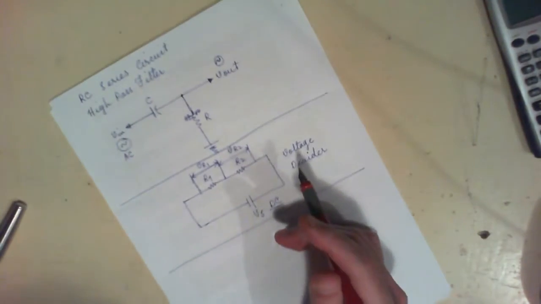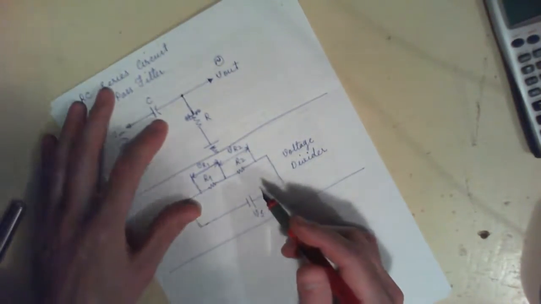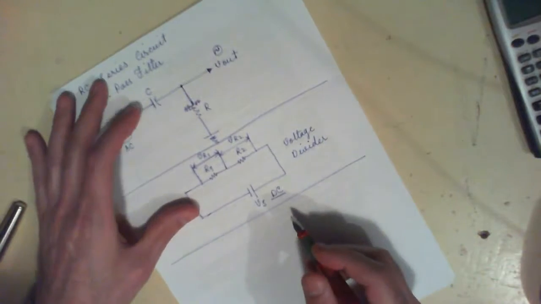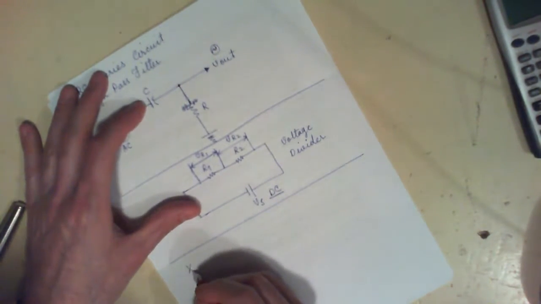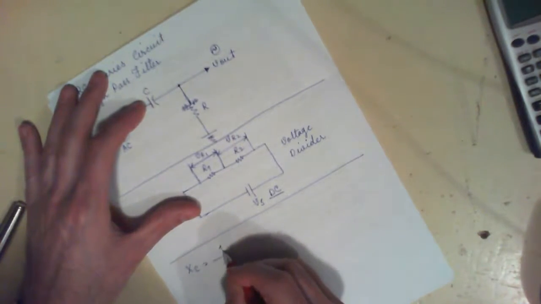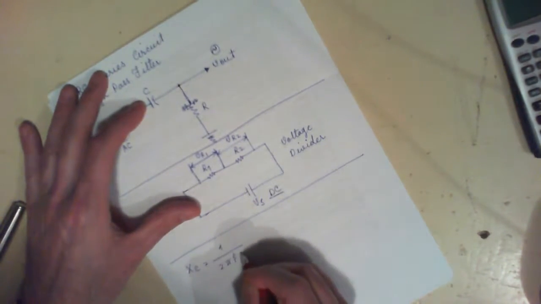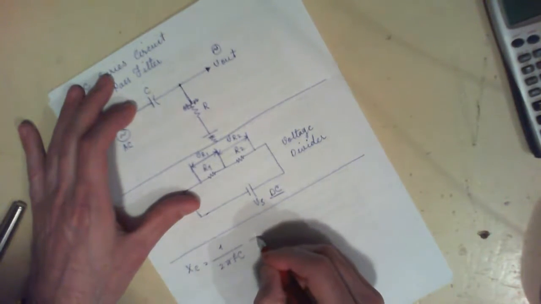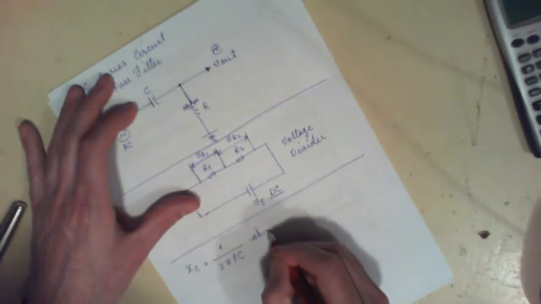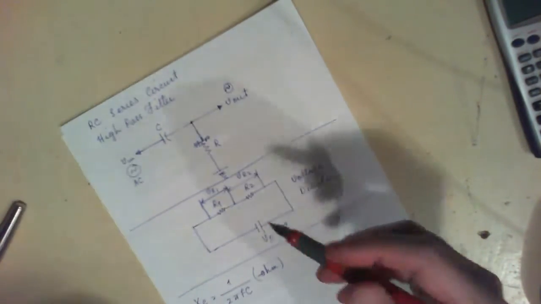As you know, the reactance of this capacitor, X of C, is equal to 1 over 2 pi f C, and you're going to get that in ohms.